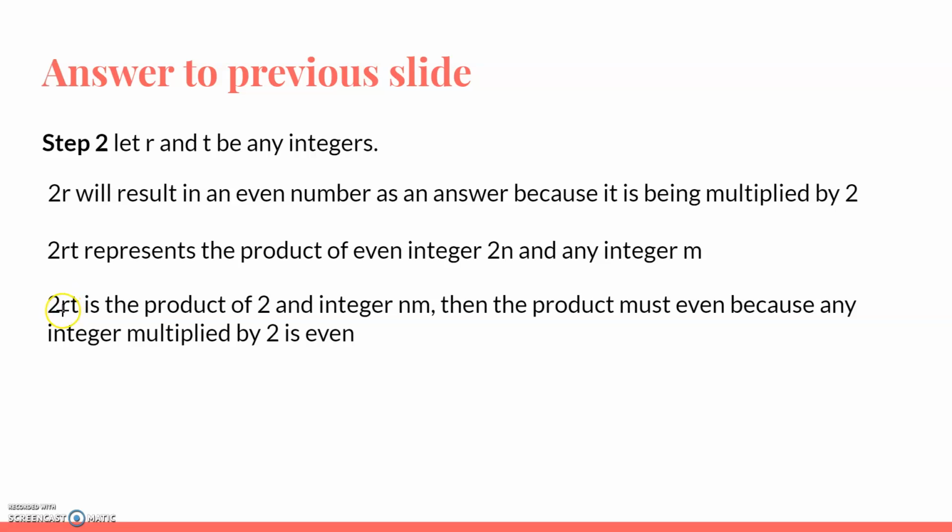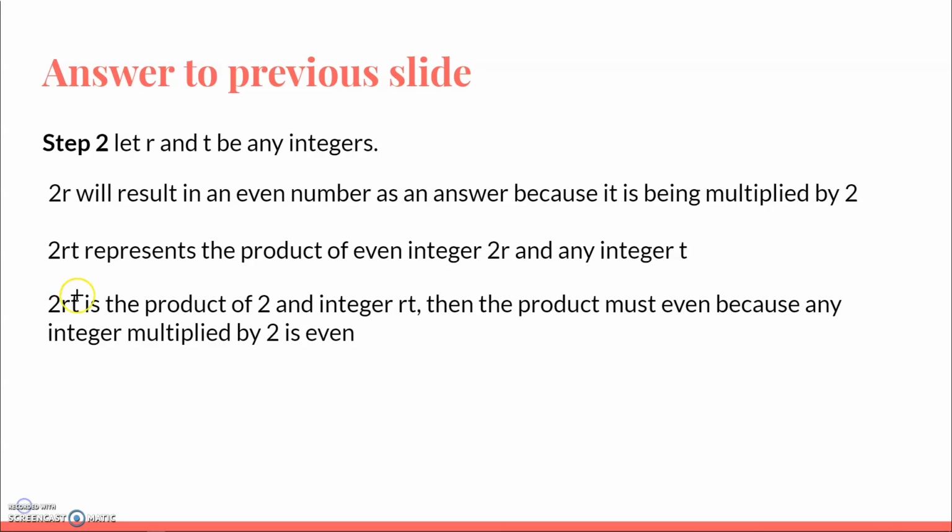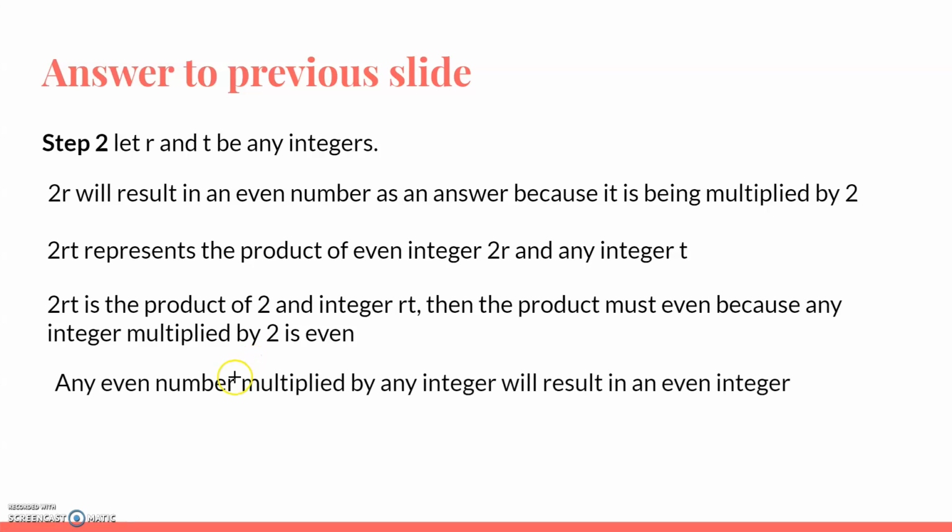So 2rt is the product of 2 and integer rt. Then the product must be even because any integer multiplied by 2 is even, since 2 is an even number. So therefore, our conjecture that we made earlier, any even number multiplied by any integer will result in an even integer, is true, as proved by deductive reasoning.